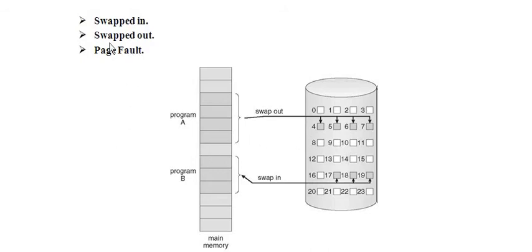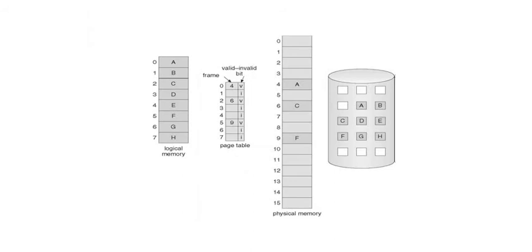A page fault is when the CPU asks for some information or a page which is not there in memory. That situation is called a page fault. I hope all of you understood the meaning of the three basic terms in demand paging: swapping in, swapping out, and page fault.